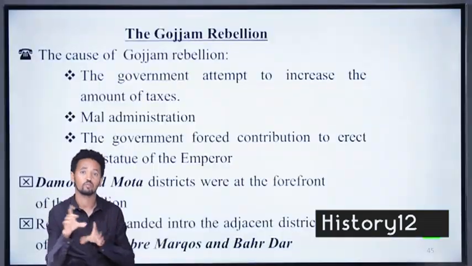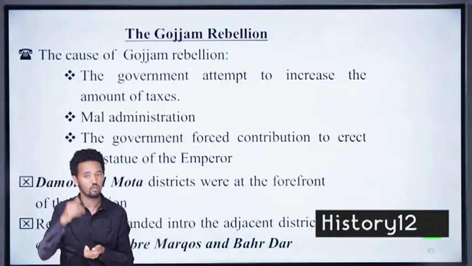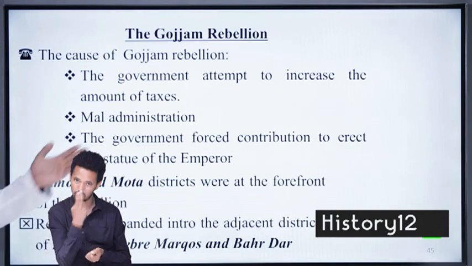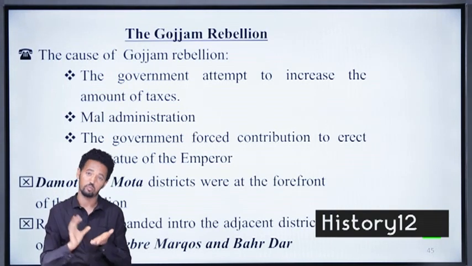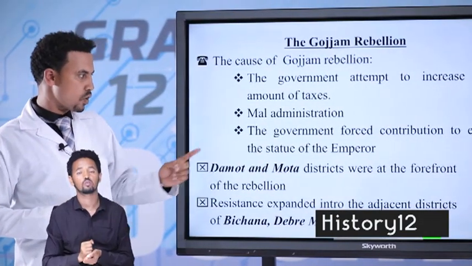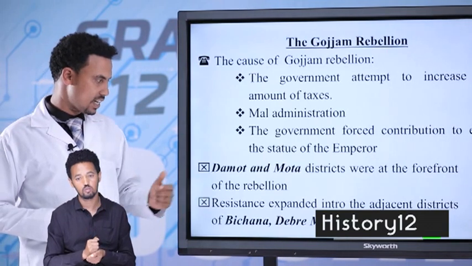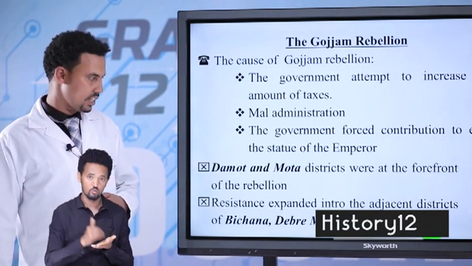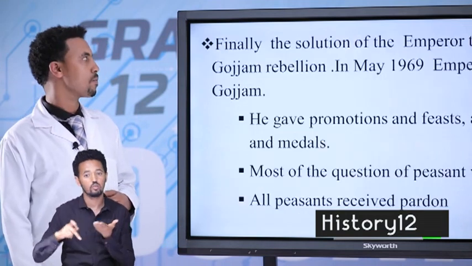Second, maladministration. The other cause was that the government forced people to contribute to erect a statue of the emperor in Gojam. During that time, Damot and Mota districts were at the forefront of the rebellion. Resistance expanded into the adjacent districts of Bichena, Debre Marcos, and Bahir Dar.